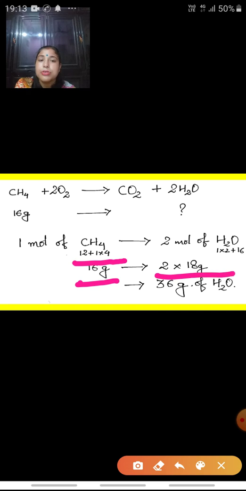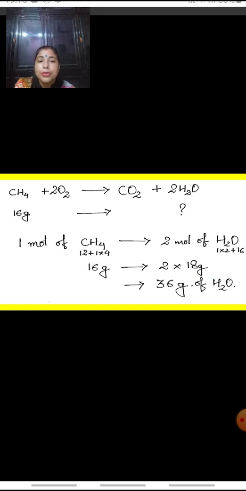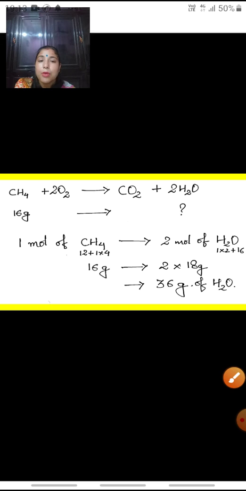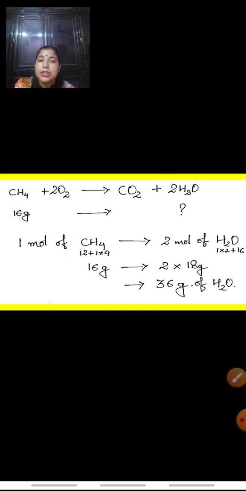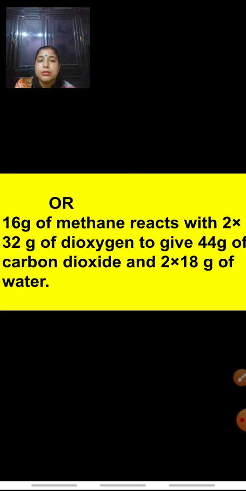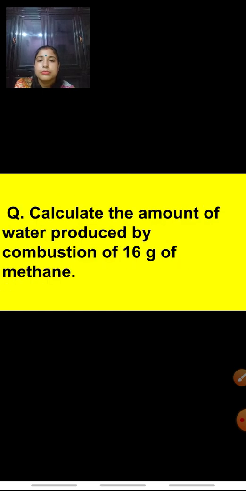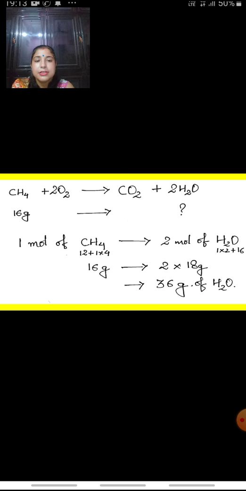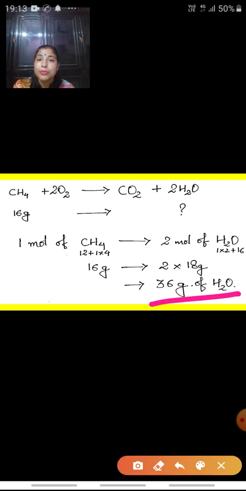It is 2 into 18 grams. 2 moles means 1 mole is 18 gram, so 2 moles will be 2 into 18 grams. So you can say that 16 gram of methane will produce 2 into 18 gram of water, that is equal to 36 gram of water. This is the answer.